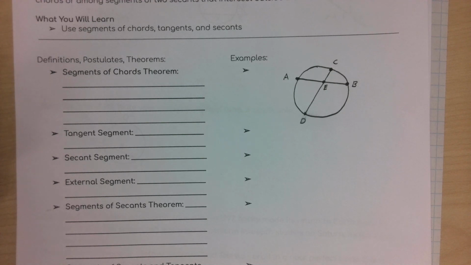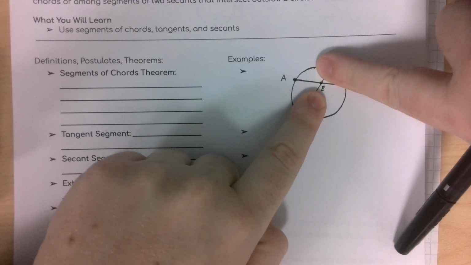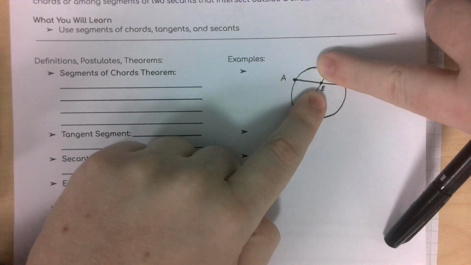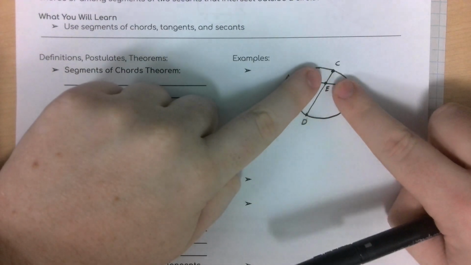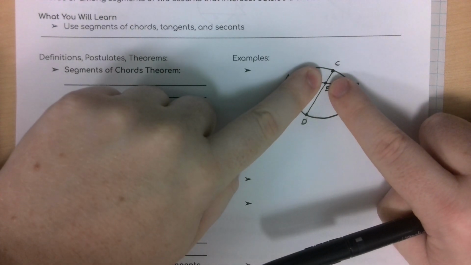The segments of a chord theorem says the following, and this is a very interesting dynamic. If you compare the two segments of one chord and multiply them together, they're going to equal the product of the two segments of the other chord.